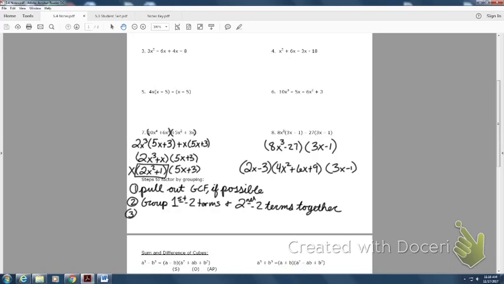Three, factor out the GCF from each group.